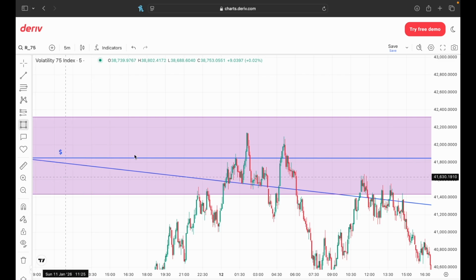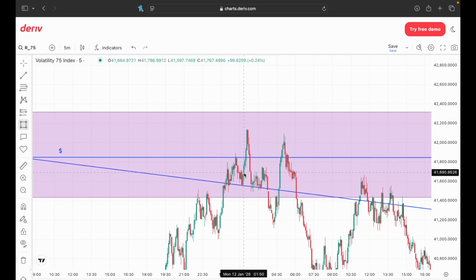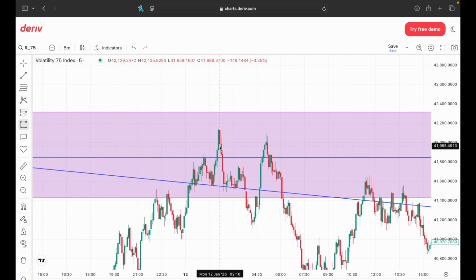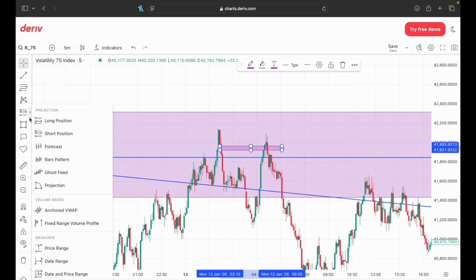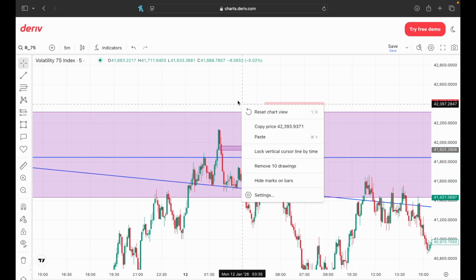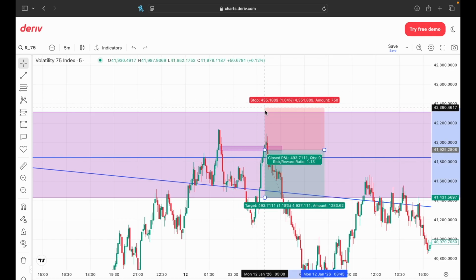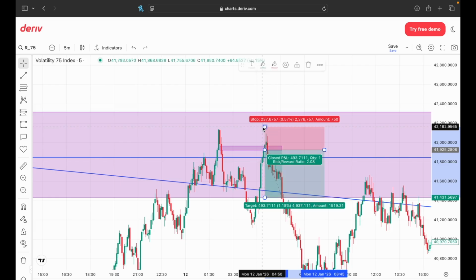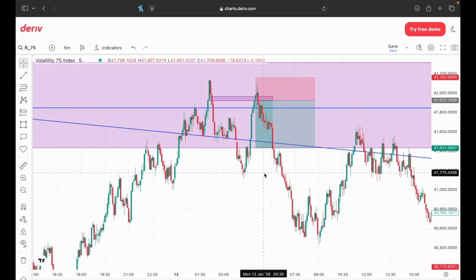I marked off this fair value gap because this would be my entry. Price came back into the fair value gap, and I took my entry with my stops right above this last high. But just a tad of breathing room, right?